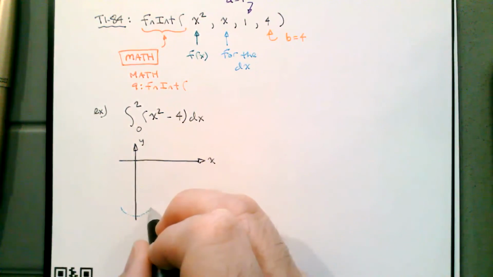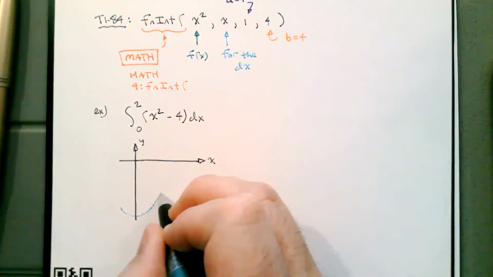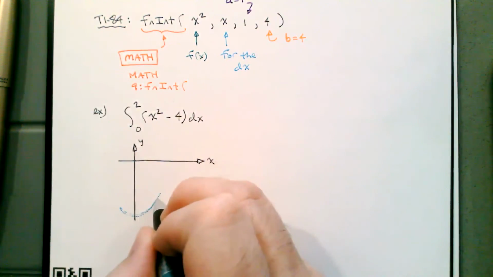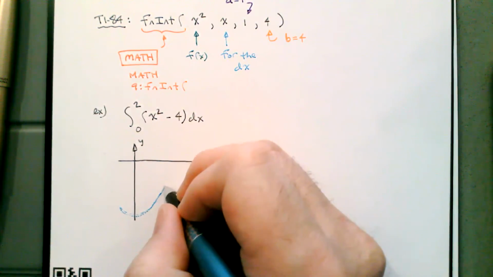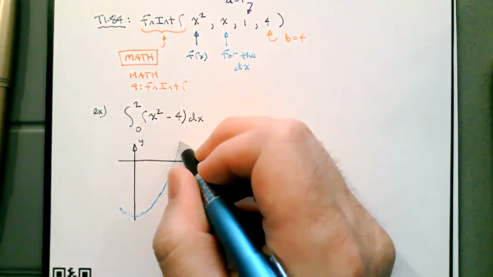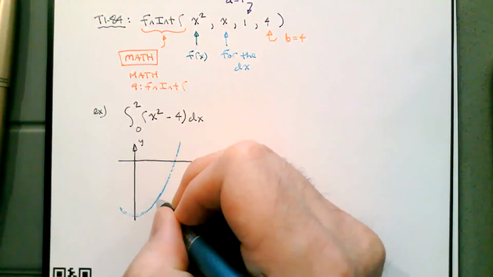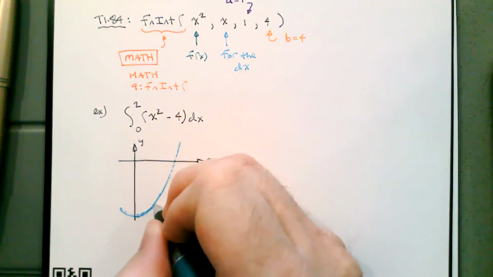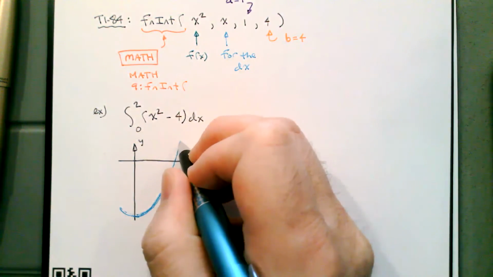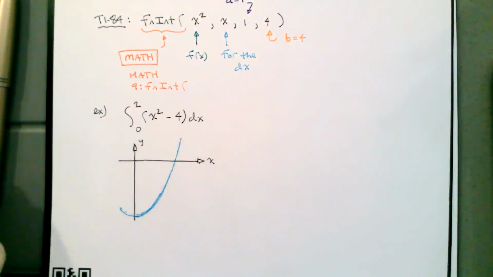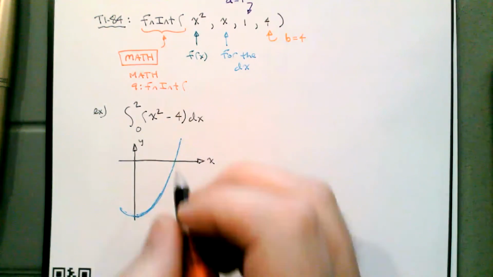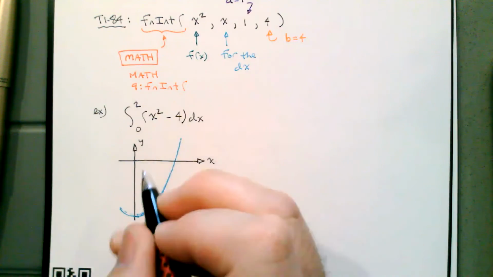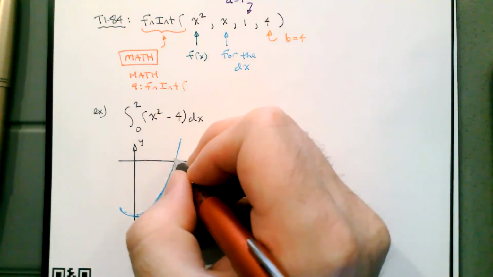And between 0 and 2, having trouble with my parabola drawing today. Between 0 and 2, x squared minus 4 is below the x-axis.